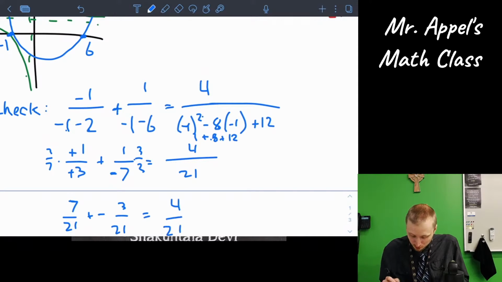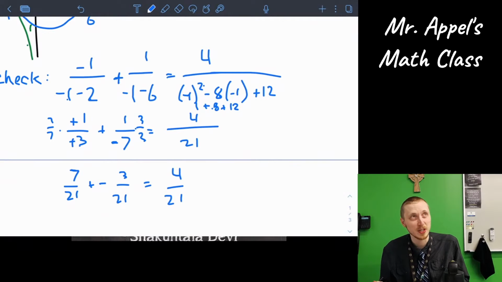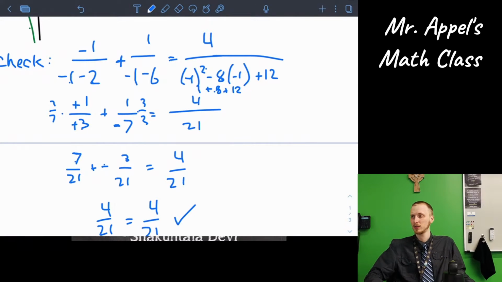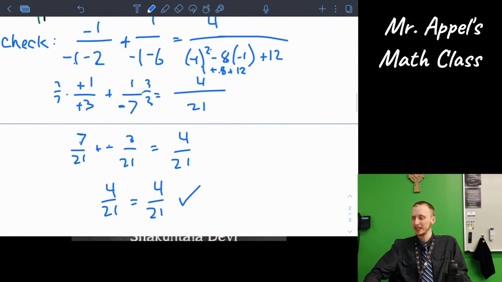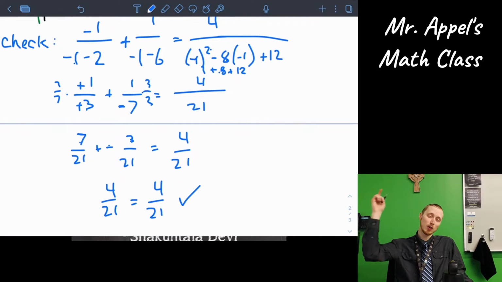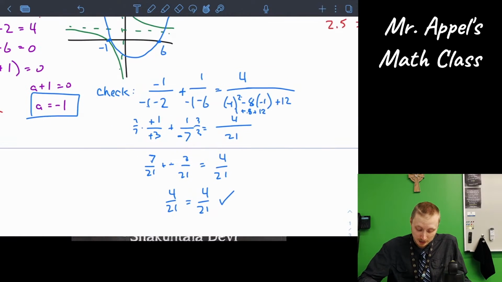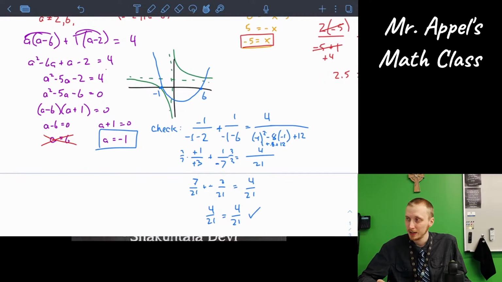Equals 4 over 21. 7 minus 3 is 4 over 21 equals 4 over 21. Check. It is correct. It does work in the original equation. Negative 1 is, in fact, our one and only true solution.